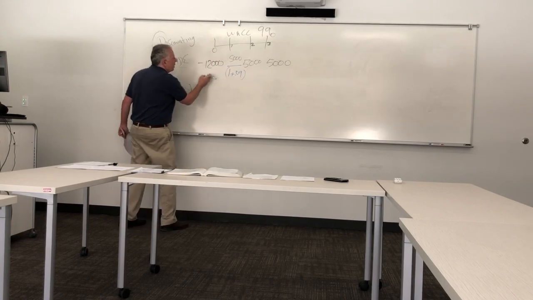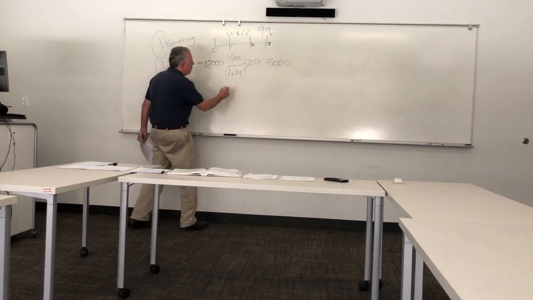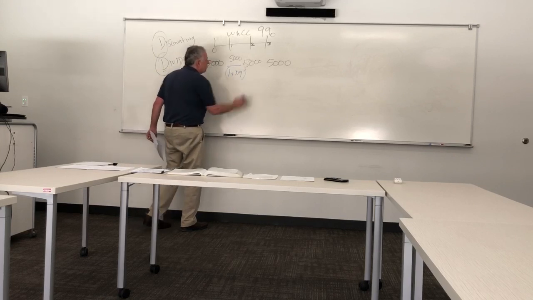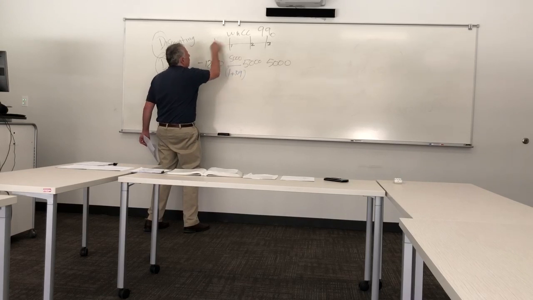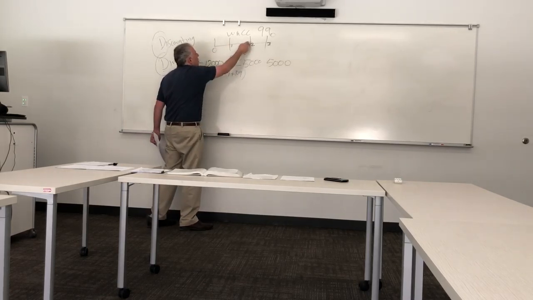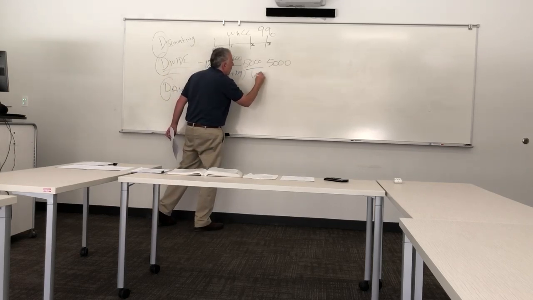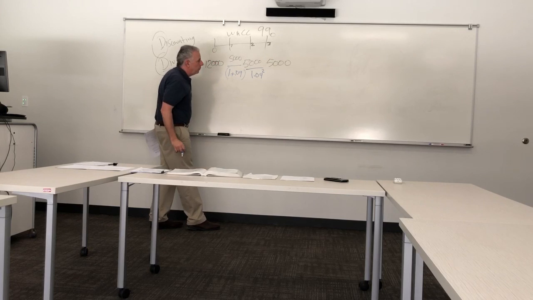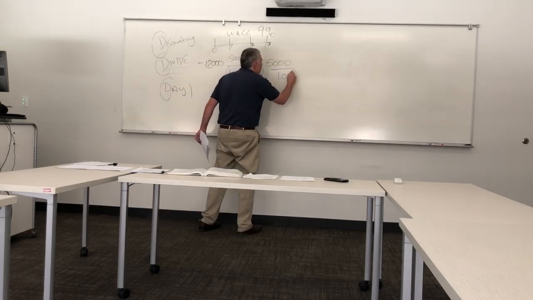Because we're going to just discount it back one period. So that's raised to the 1 power, which is just itself, which is 1.09, okay? Because we want to bring this 5,000 back to find what it's worth 1 year previously. This one is 2 periods previously. So divide by 1.09 to the 2nd power. And this one, 1.09 to the 3rd power.